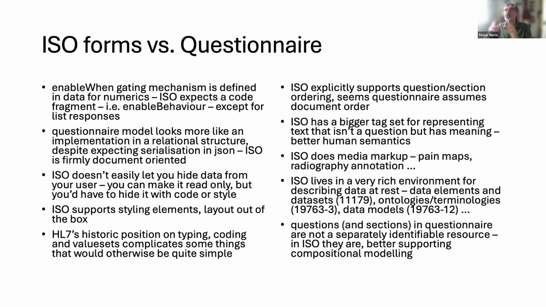Whereas ISO lives in this rich environment of metadata registries, being able to register data elements in 11179 part 3, for instance, data models in 19763 part 12. You can do process models in 19763 part 6, I think it's part 6. So you have a whole bunch of different kinds of models that you have the capability to relate things to.